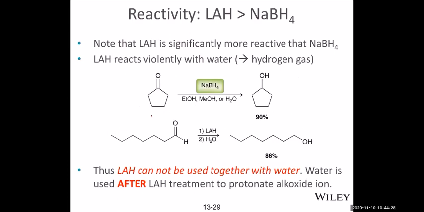Okay, so we have two ways to give hydride to the carbonyl and then produce alcohol. But what's the difference between the aluminum hydride versus the boron hydride? The aluminum hydride, LAH, is much more reactive because aluminum is a metal with low electronegativity.